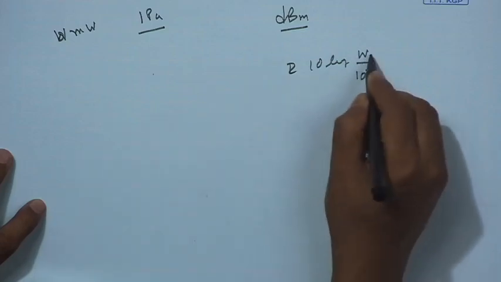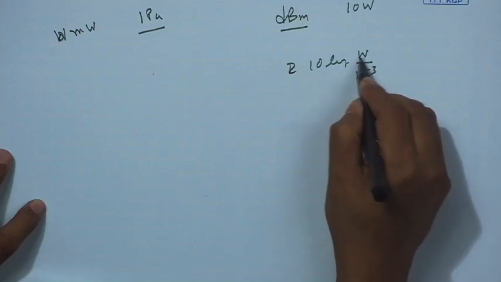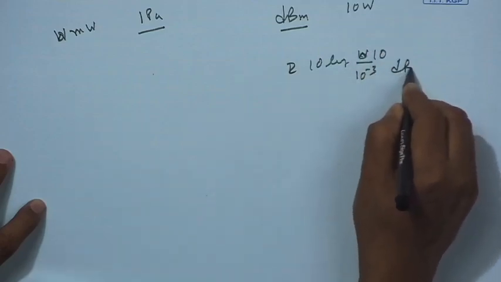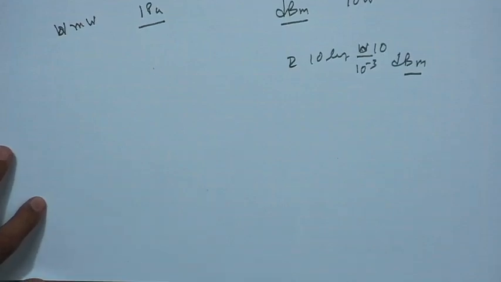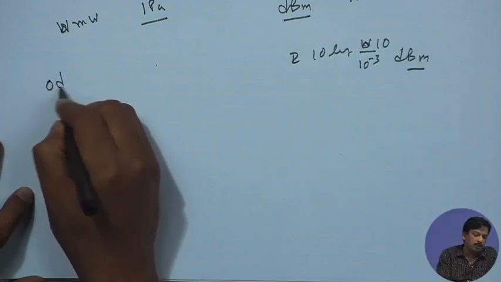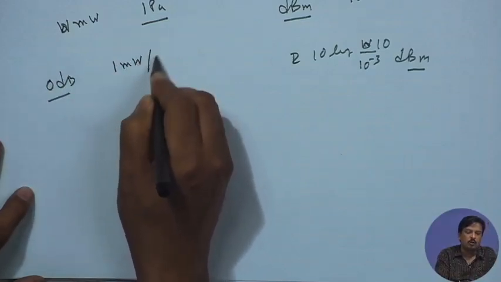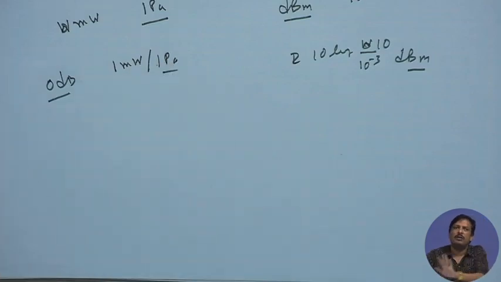So, if a microphone produces 10 watt, then it is 10 watt divided by 10 to the power minus 3, that is dBm. So, power is in dBm, ratio of the power is in dBm. So, a power sensitivity of 0 dB means 1 milliwatt produced by 1 Pascal. Okay. Now, we go for the power.